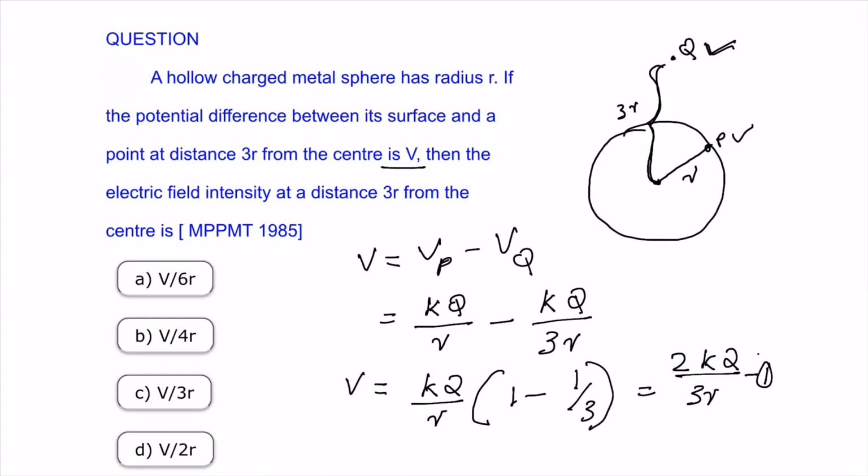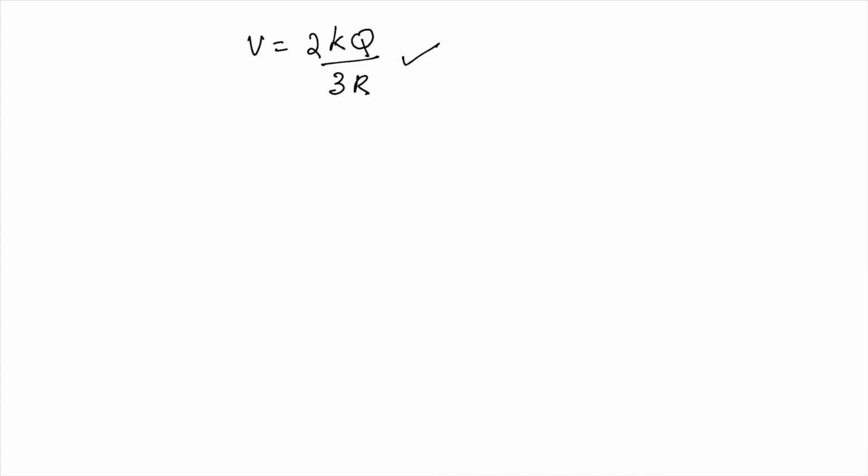So this is V. We are supposed to find the electric field intensity at a distance 3r from the center, right? Okay, so this is V, and electric field E is equal to KQ by r square. Here what is r? 3r, right? 3r square.